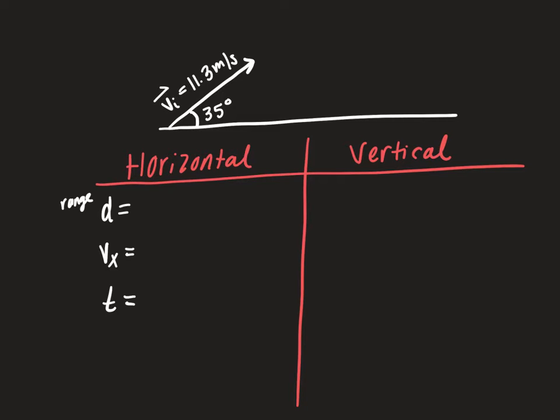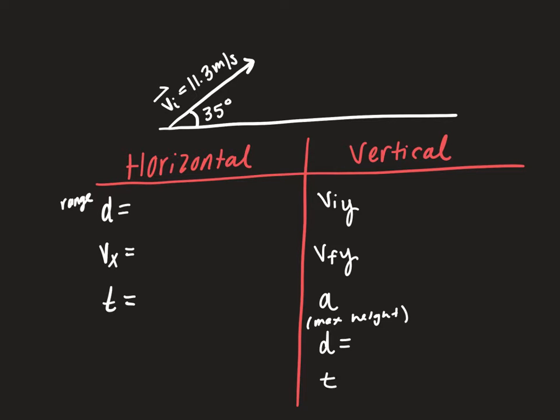Right. Again, so horizontal is only range, right? Yeah, so d is the range, vx is the horizontal component of the velocity, and then time is the time of flight. And then vertical, we've got our initial vertical velocity, we have final vertical velocity, we have acceleration, we have distance, which is typically going to be what we use to find our max height.